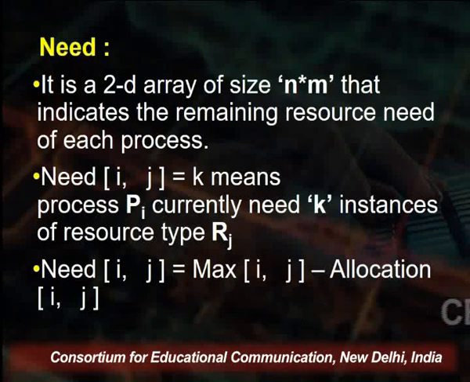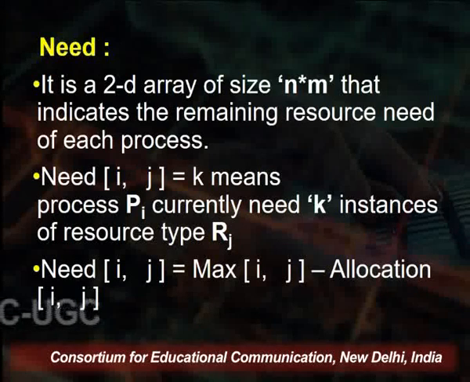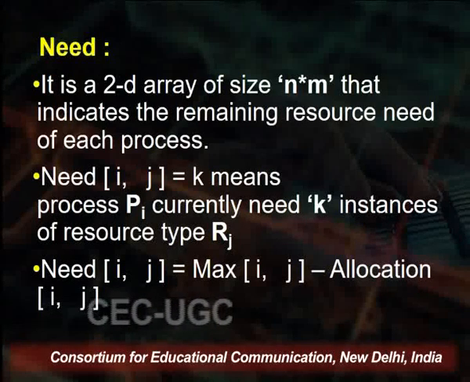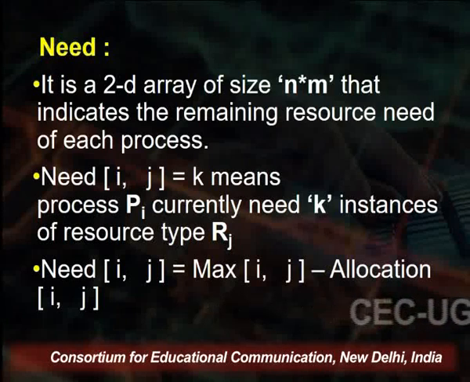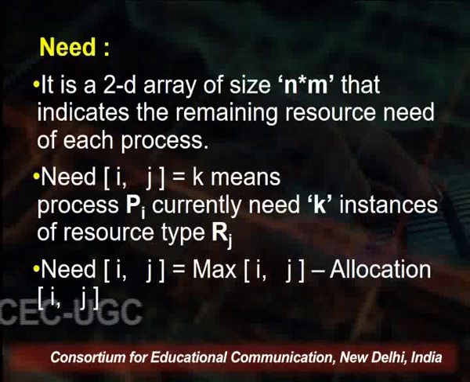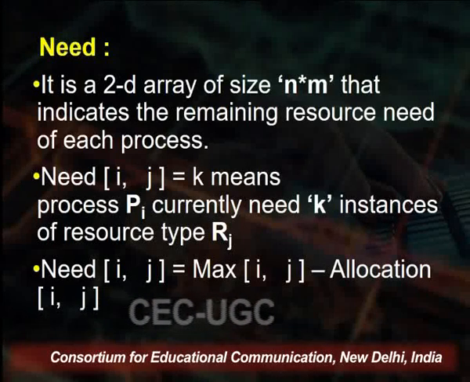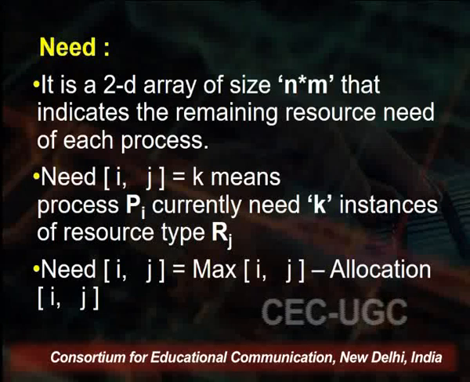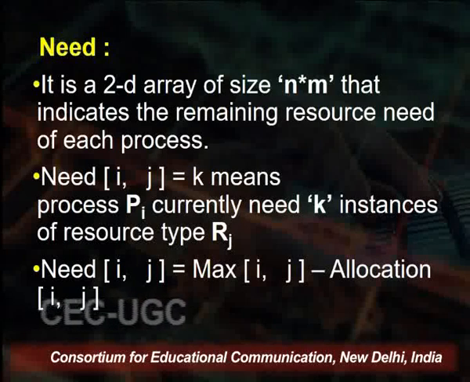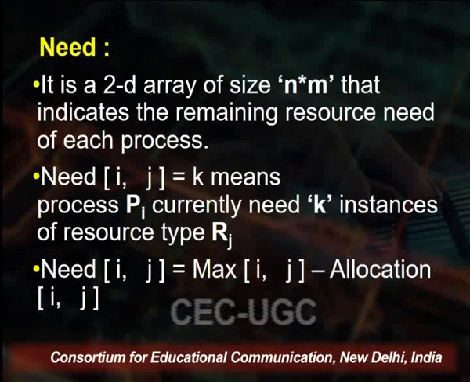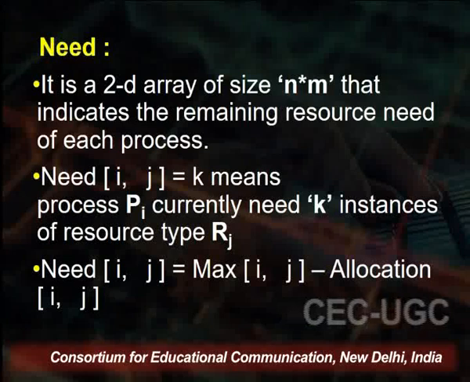Max of ij means whatever a process has requested at maximum, for example 5 instances of a particular resource. So max of P3 comma 1 is 5, and 2 printer instances are already allocated. So we subtract allocation of I comma j, which is 3 comma 1, and 5 minus, let's say, 3 is 2, which are still needed.